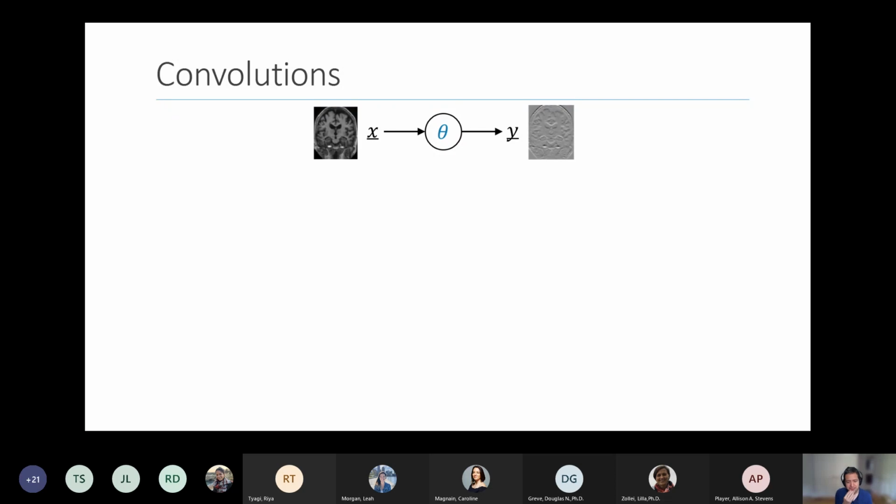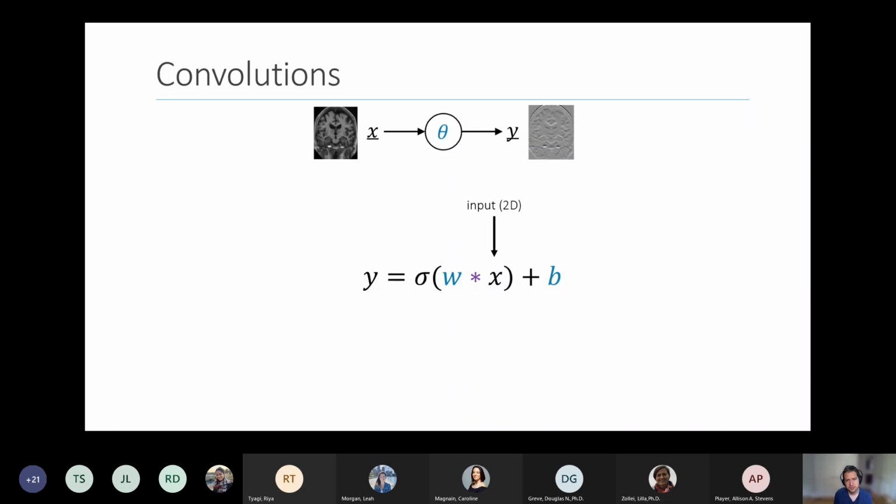Okay, so by far the most important building blocks for images are convolutions. It's actually a very similar story, but now we think of the input data as images and the output data as images. So we have roughly the same equation, but this time instead of multiplying a weight with our image, we're going to convolve a very small kernel with our image.